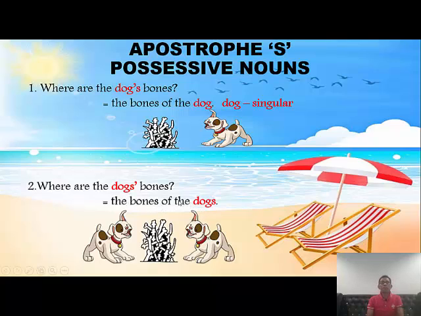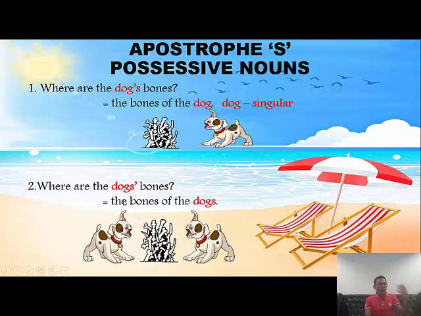All right, so you've got to be careful. You might be wondering, how can I know when someone just says it to me whether it is singular or plural? Okay, it depends on the context of the sentence.